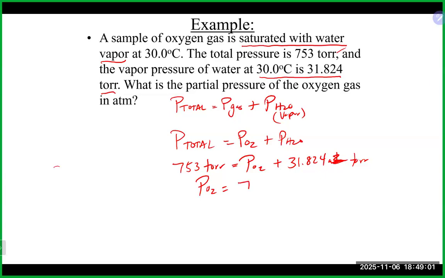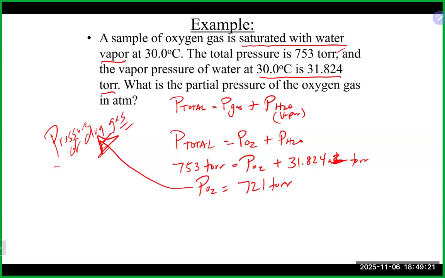It's going to get us, we'll call it 721 torr in this case. That would represent the partial pressure of oxygen. Sometimes people, especially in experiments, will refer to this as the pressure of the dry gas, and that's because you subtracted off water's component, so sometimes people refer to it as just the pressure of the dry gas by itself.